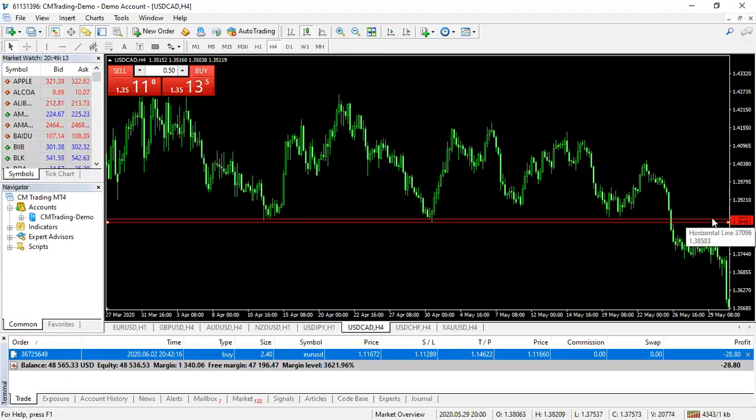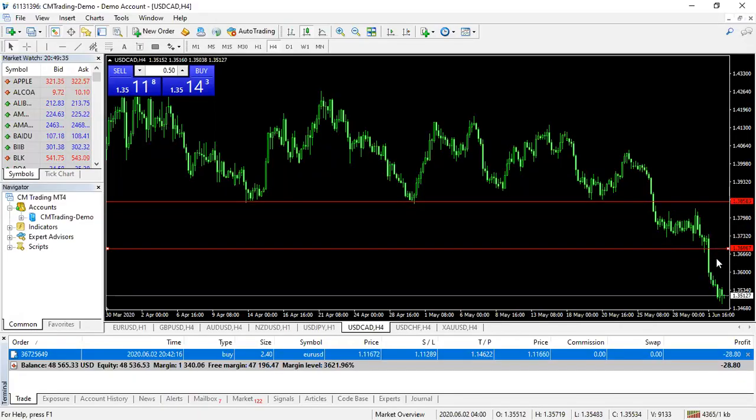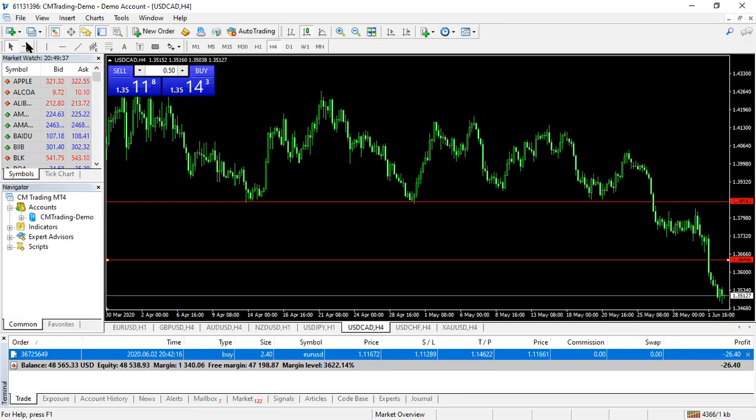This is our entry here above. Then the market decides to move. So you can see that. Our stop loss, in case this market came back to this point, we would be taken out of the market automatically with no profit and with no loss. So in this case, you decide to move your stop loss to around this point.